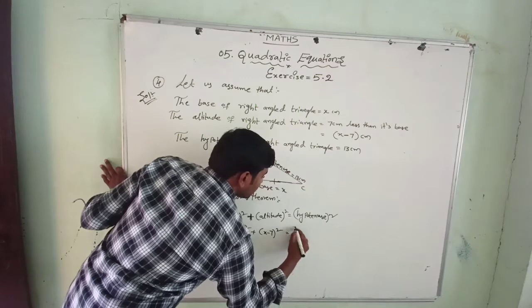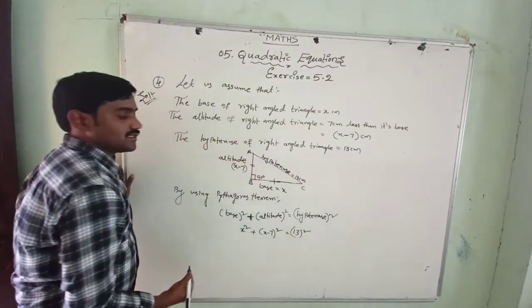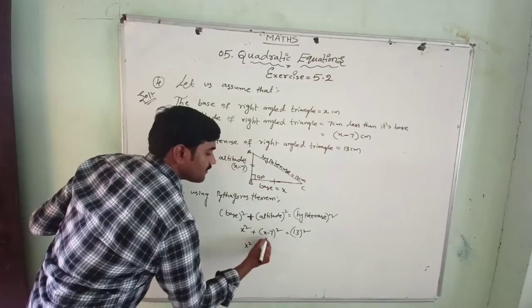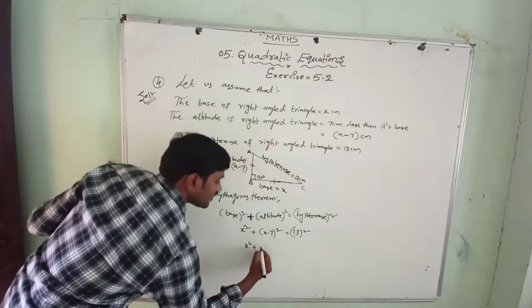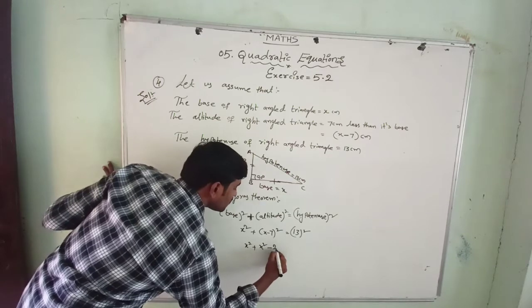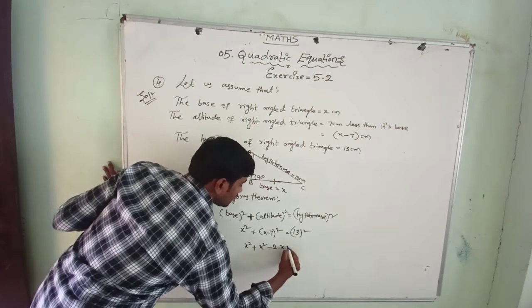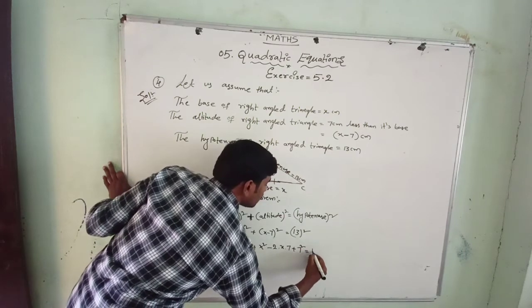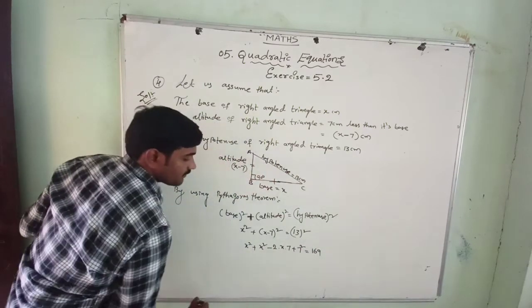Hypotenuse is already given, that is 13, its square, 13 square. So x square plus, it is an a minus b whole square form, x square minus 2 into a, which is x, and b is 7, plus 7 square, that is equal to 13 square, which is 169.